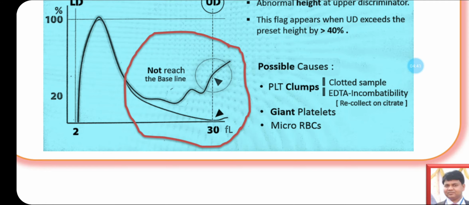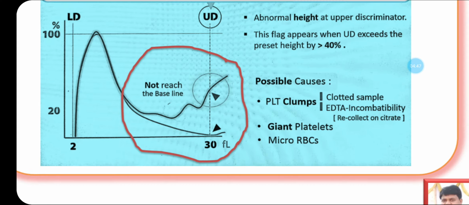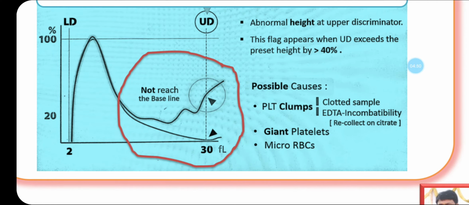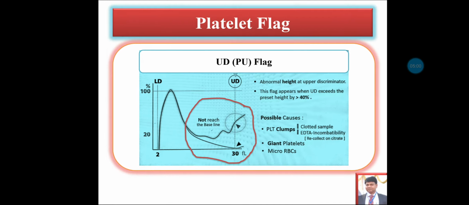Whenever such clumps are present, we will see the UD flag. The presence of giant platelets is also an important cause of this type of flag. The presence of micro RBCs, schistocytes, or fragmented RBCs can also result in the PU flag.